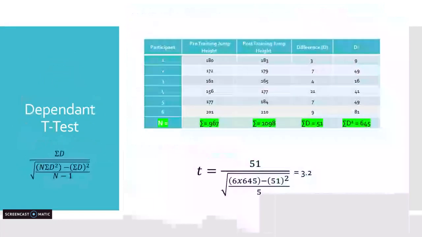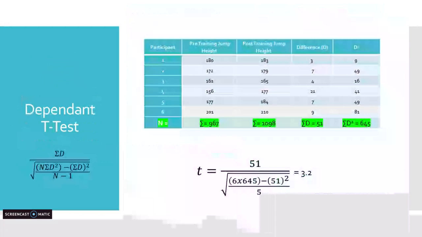And finally, we've got a dependent t-test, or a paired t-test, and this is used to see if there's a significant difference between the two tests or the two sets of related scores, for example the pre and post training jump height. Again, you find the sum of data set 1, the sum of data set 2, the difference between them, and the difference between them squared.